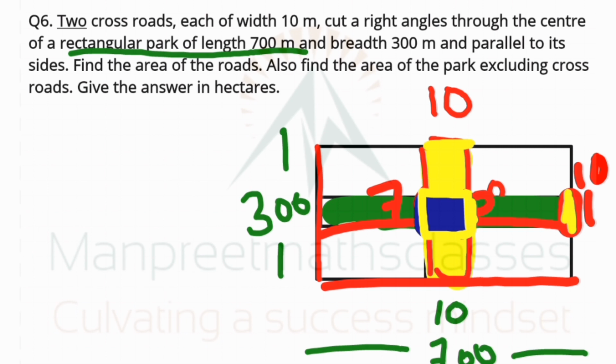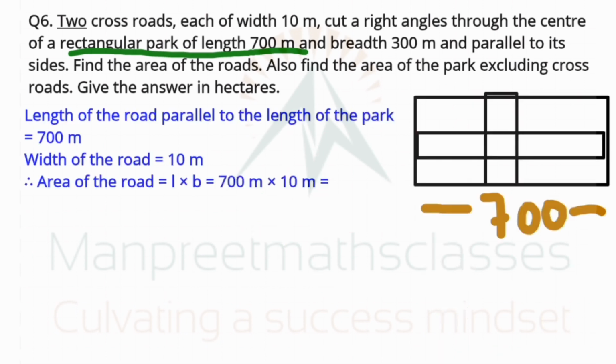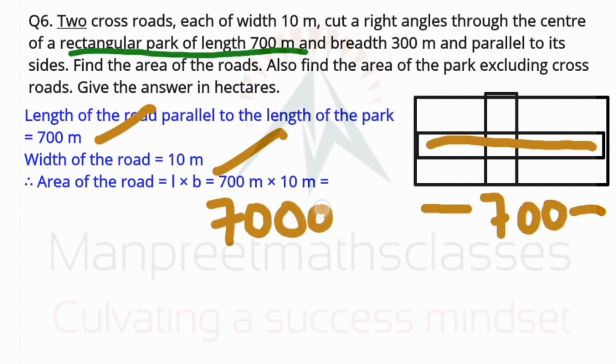So let's calculate them. To calculate the area of the road which is parallel to the length, that is, the area of this road, here length is 700 meter, width is 10 meter. We'll put it in the formula, 700 into 10. To multiply by 10, we simply add a 0. So 700 multiplied by 10 gives you 7000 meter square.